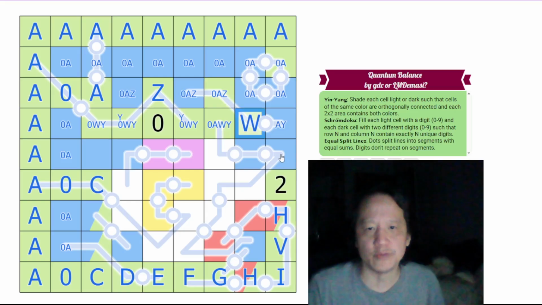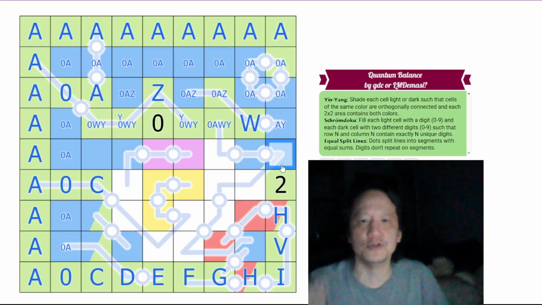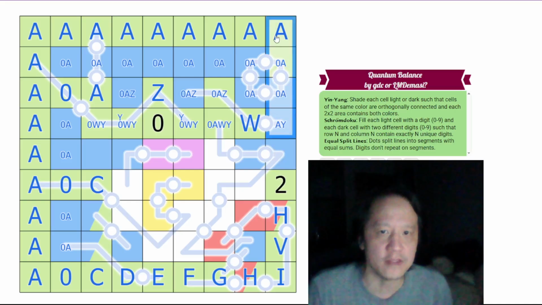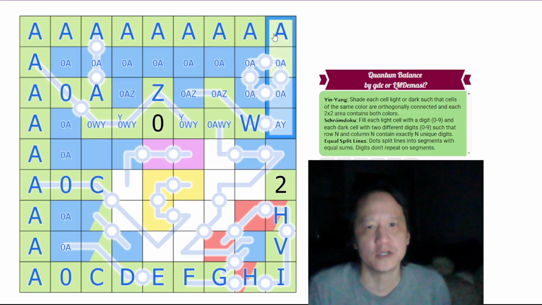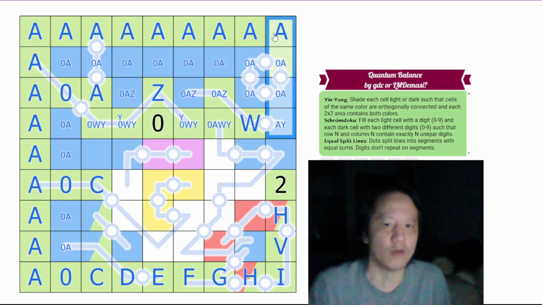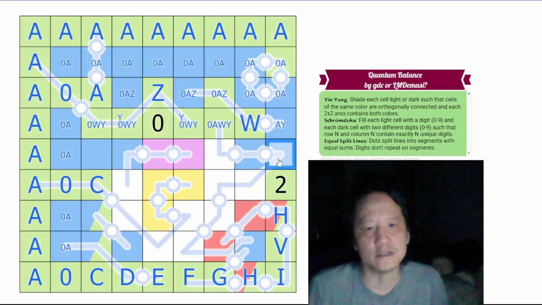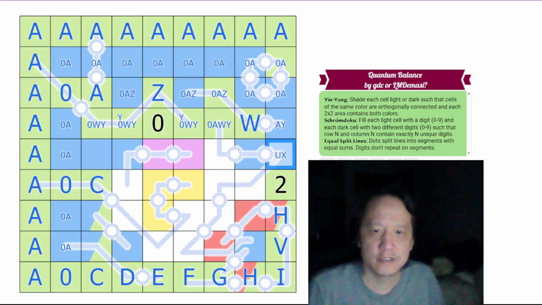So this is W, this is A and Y. That means these must be 2 unique digits because we have only in these 4 cells 0, A, and Y. So I guess we'll make it X and U. U and X. So this is guaranteed to be 2 unique digits, which are different from these in the column, in column 9. So this is guaranteed to be W.